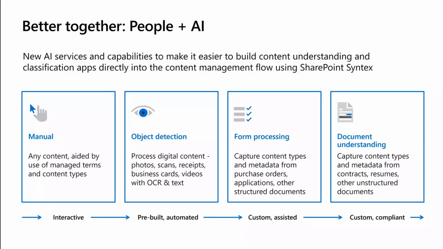And the form processing, quite simply, is using the Form Recognizer API that's been integrated into AI Builder, which is a new Power Platform service. And so what you can do is we've partnered with them and built an experience with Syntex that essentially lights up an option to allow you, on a library, to initiate a form processing training exercise in AI Builder and build that model, and then apply that model directly to that library.